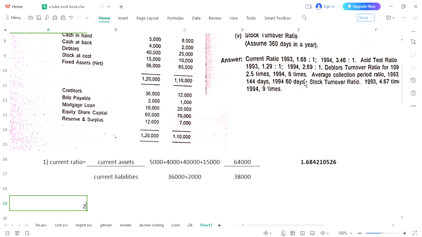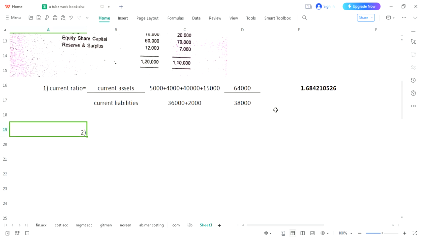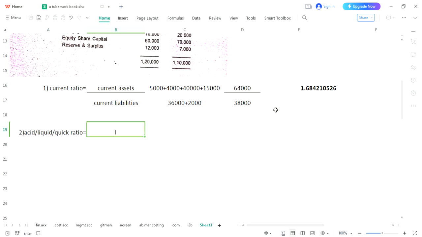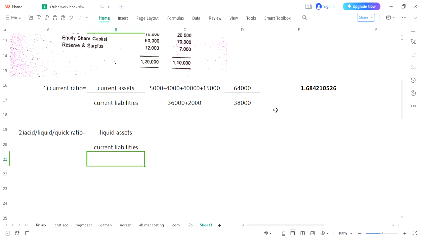Now it's time to calculate second ratio, which is given over here, acid test ratio. So let's calculate. As you know that acid test ratio, liquid ratio or quick ratio, these are one of the same thing. Next is to put your liquid assets and you will be dividing it with current liabilities.